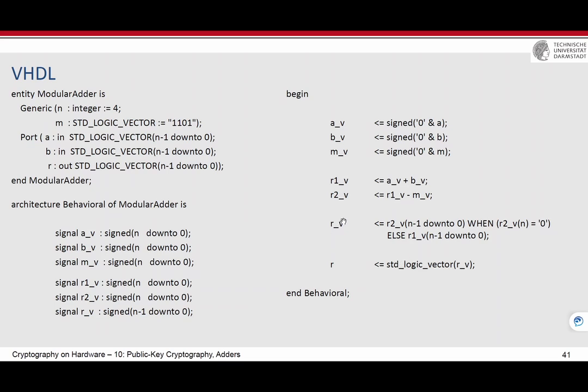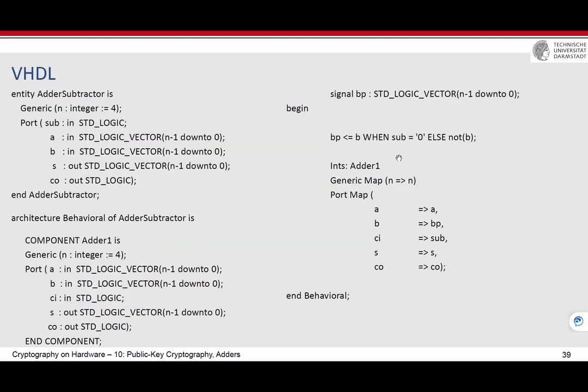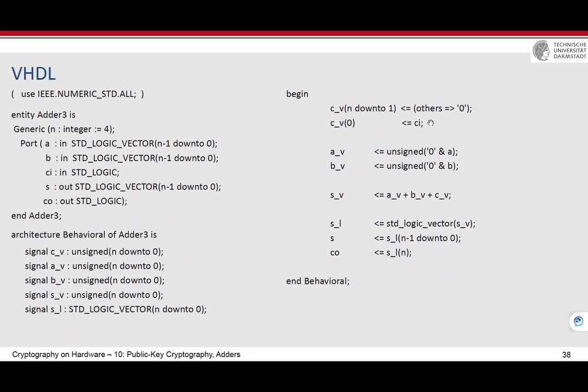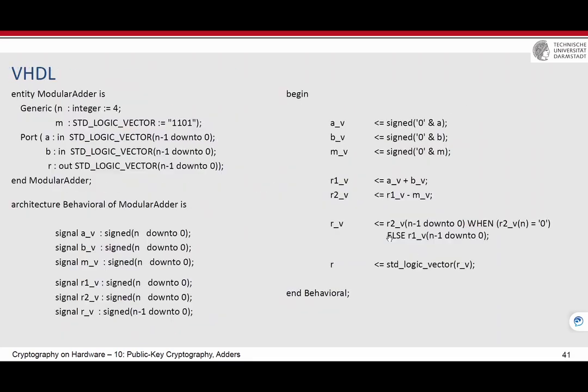One more thing that you have to consider, this is super important: you have to turn them to signed instead of unsigned. Look here, everything was unsigned. It doesn't matter. But when you do the subtraction, you need to consider this as signed.